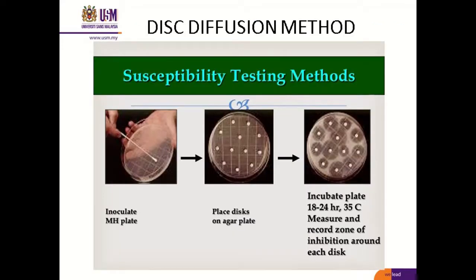So this is how the Mueller-Hinton agar is lawned, and then we place the antibiotic disc, and then we measure the area around the disc, to identify whether it is susceptible or resistant to the antibiotic.